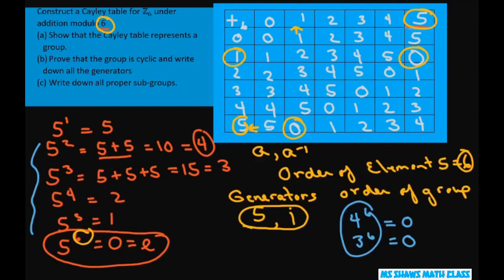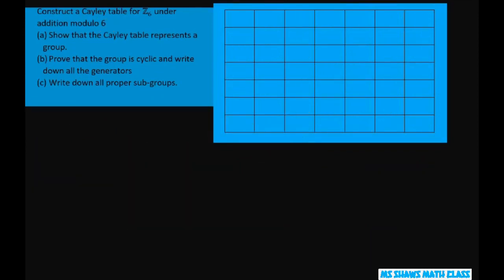All right, the next question is write down all proper subgroups of this. So the order of our group is 6. So the proper subgroups can have order 1, 2, or 3.